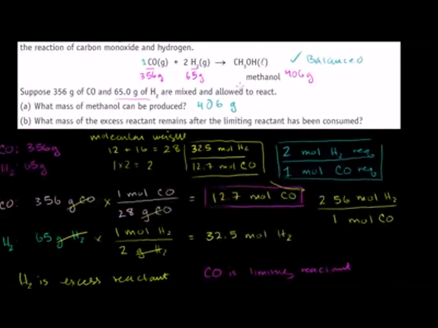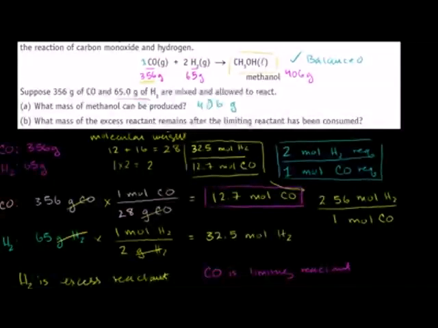And we figured out that carbon monoxide was the limiting reactant. So all of this gets consumed, and only some of this gets consumed. So what gets consumed has to be equal to 406 grams, because that's what gets produced.